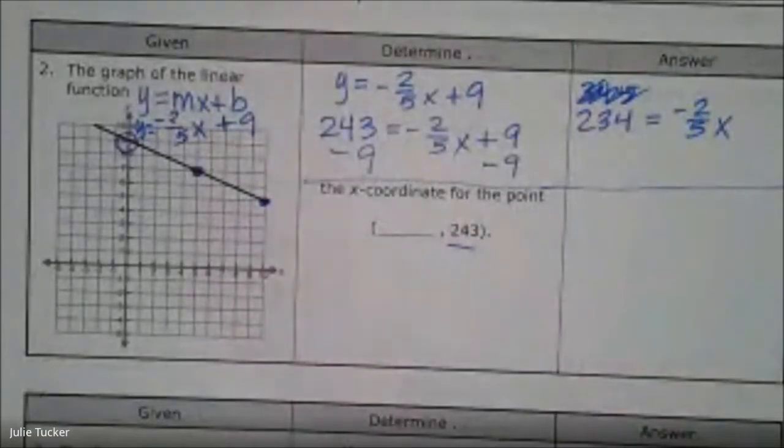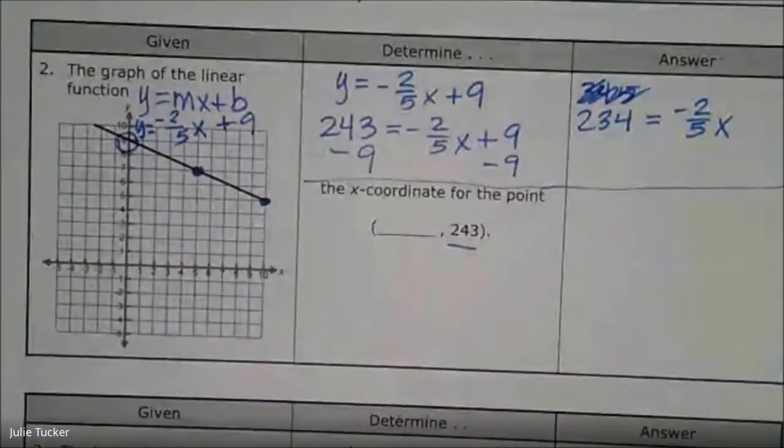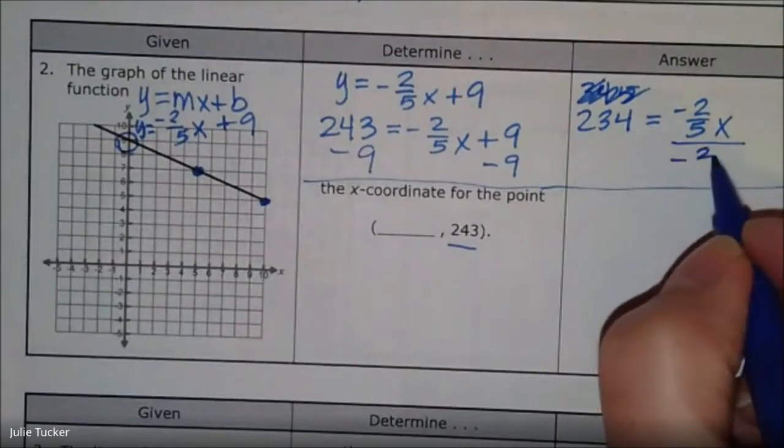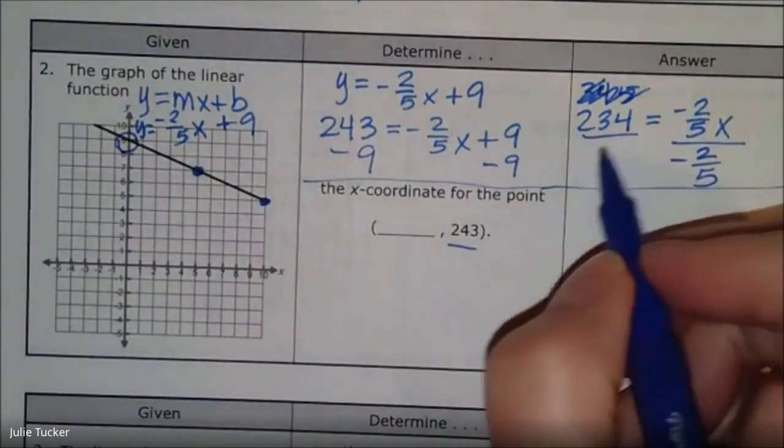Now, what can I do to get this x by itself if I have a -2/5 times it? If it was a whole number, wouldn't you just divide by the whole number? Yeah. Well, you can divide by fractions. So we're going to divide by -2/5.